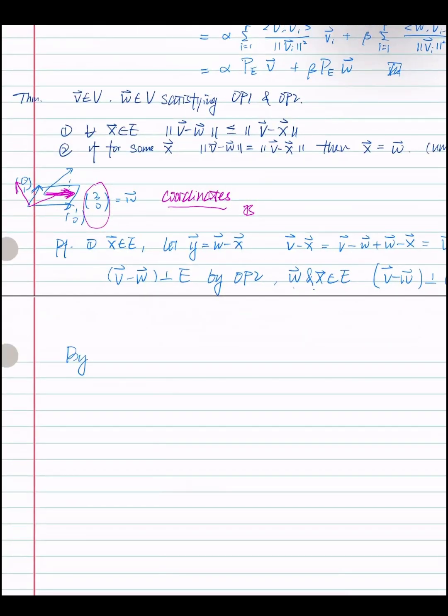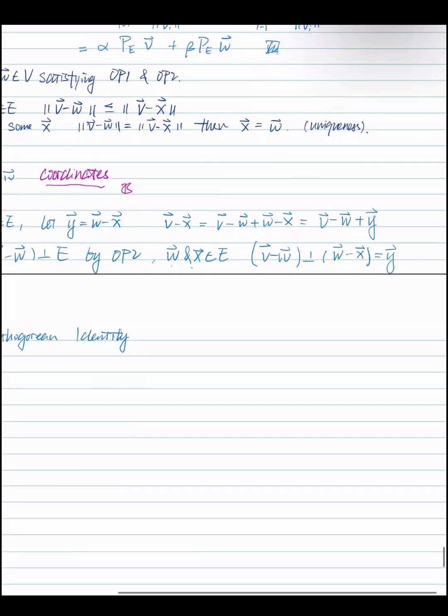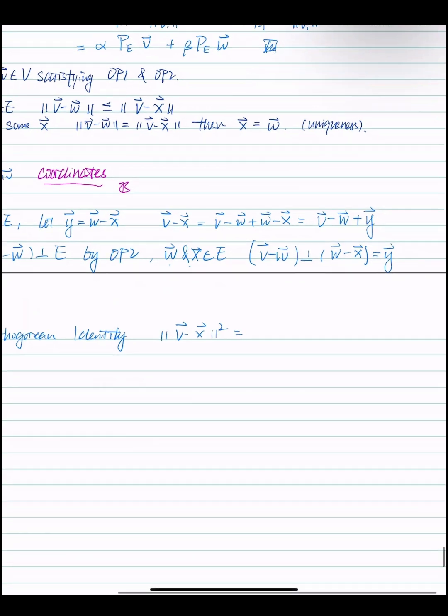All right. Now, by the Pythagorean identity, we know that the norm of V minus X squared, and we know that V minus X is the same as V minus W plus Y, so let's substitute that: the norm of V minus W plus Y squared.